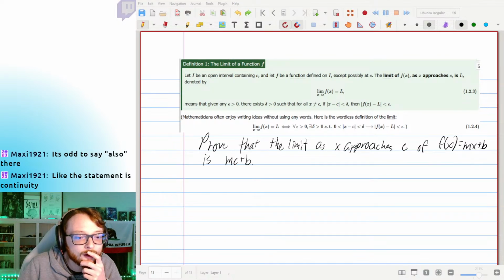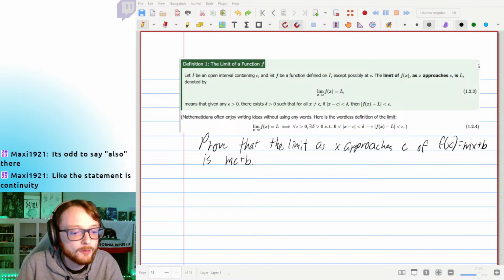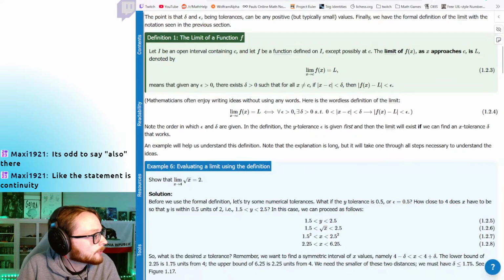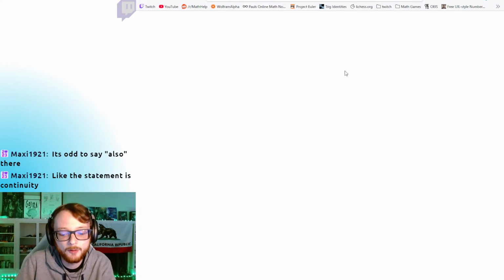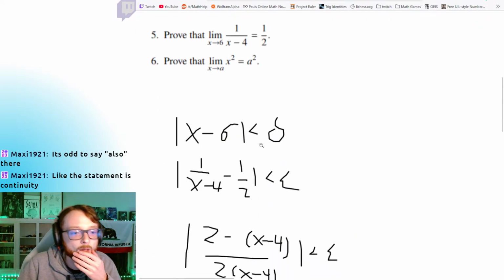The statement is continuity. I'm getting this from when we were first working with epsilon-delta limits in Zach's class. This is the type of question that we were doing. That's why I'm going here. We did number 5 right there.